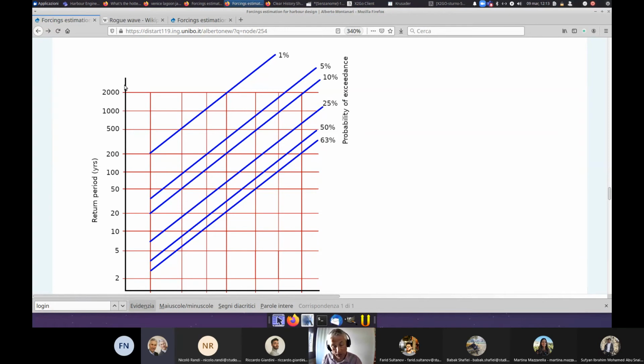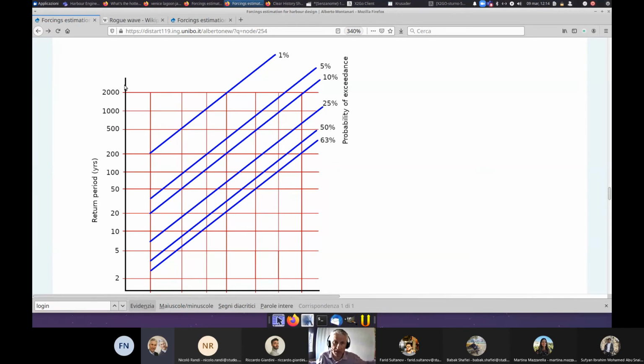Okay, so what is the matter here? The matter is that if the consequences of the event that may occur with the 63% probability are not much concerning, you may say, this is fine. I mean, even if I got it, it wouldn't be a problem. It wouldn't be a disaster.